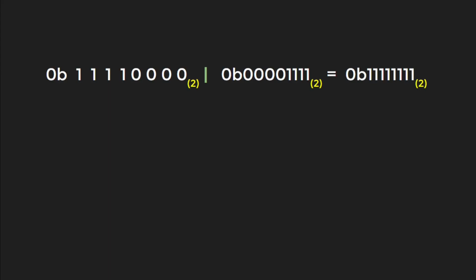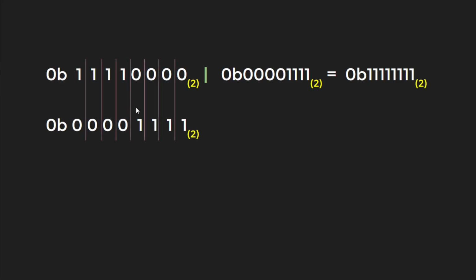So how we applied this OR, we got this number here, which is 15. We brought it under here just for visualization purposes, and we just ORed each bit: 0 or 1, we said it's 1, 0 or 1, we said it's 1, same here, and 1 or 0, the same thing.